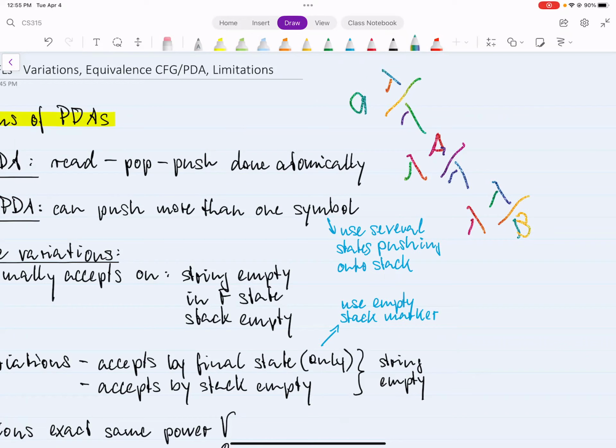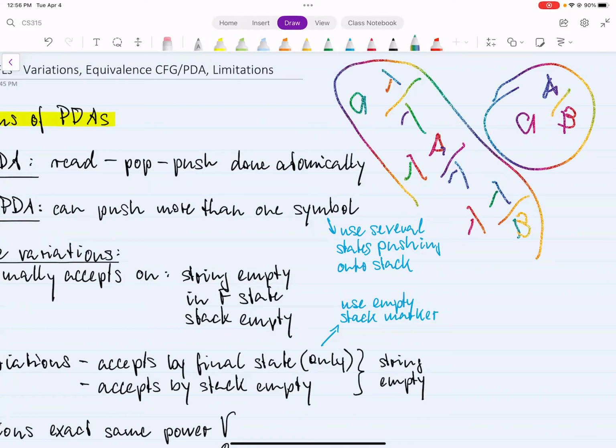So what normally would have been a state transition that you take on a lowercase a in the input, a capital A on the stack, and you push a B onto the stack, this one piece of information, convince yourself that this is pretty much the same thing as if you would be doing this, okay?